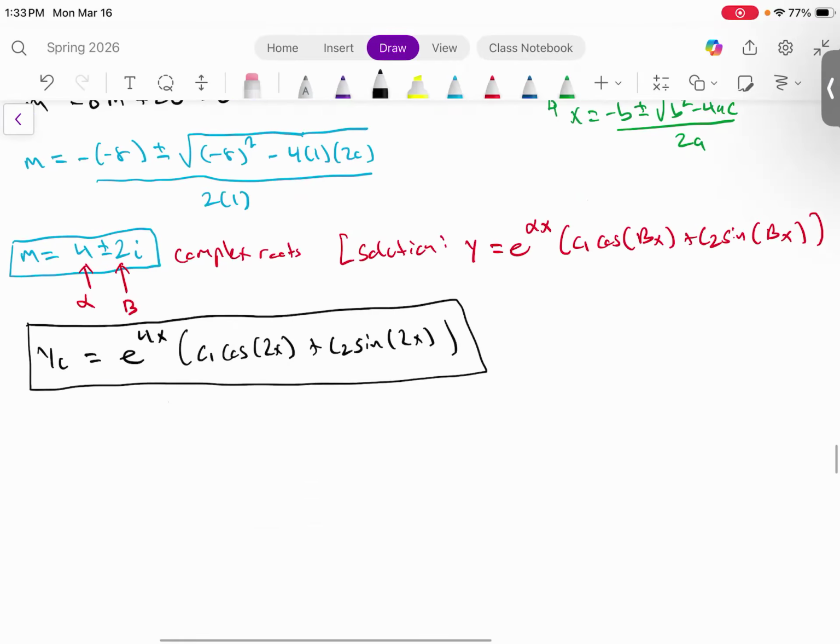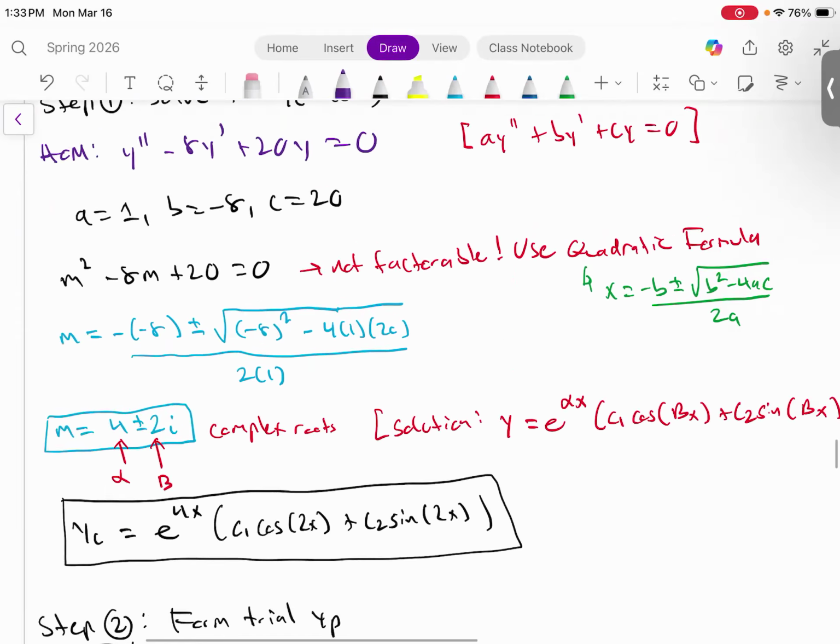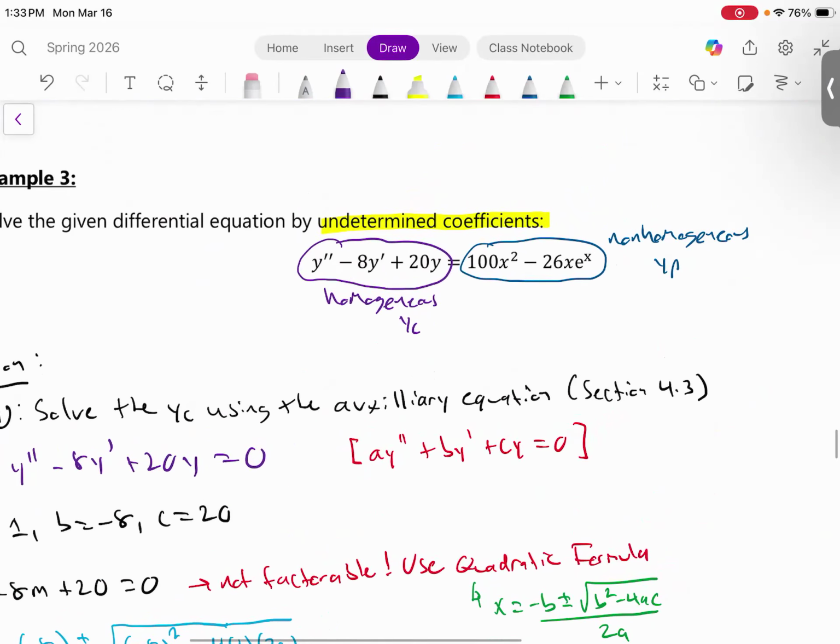So step 2 is form a trial particular solution. Our non-homogeneous component is this 100x squared minus 26x e to the x.